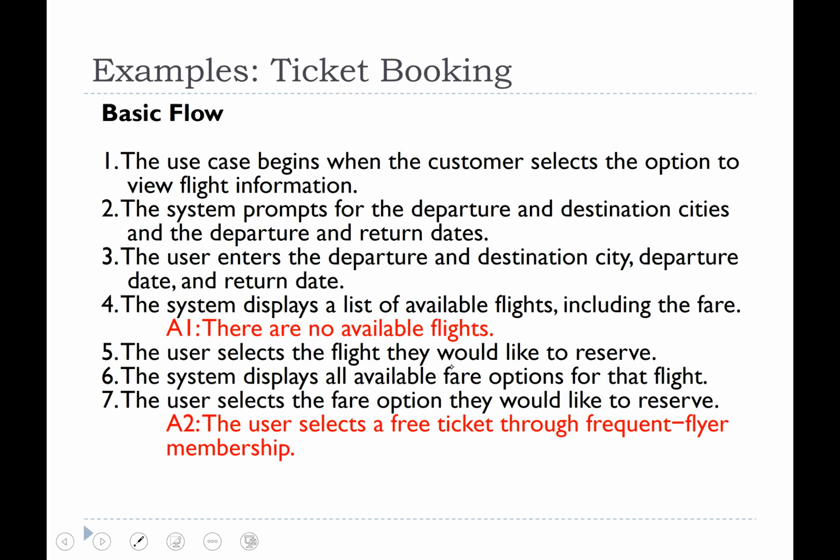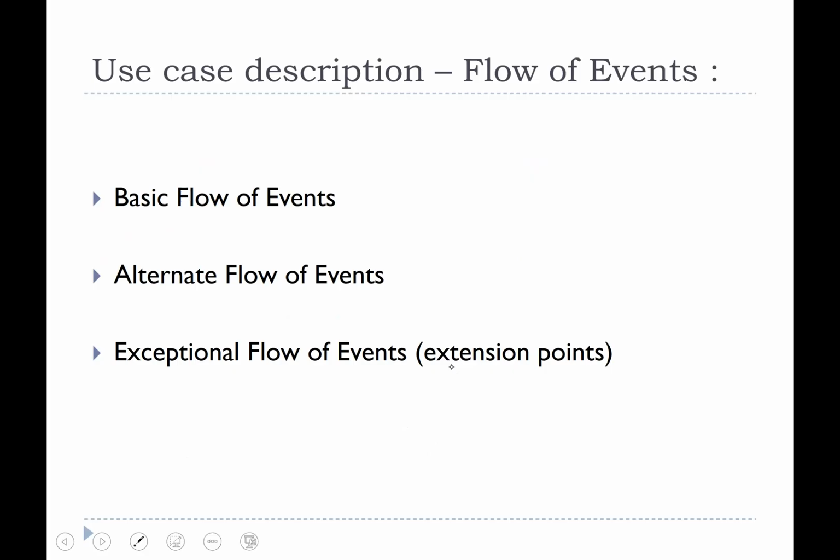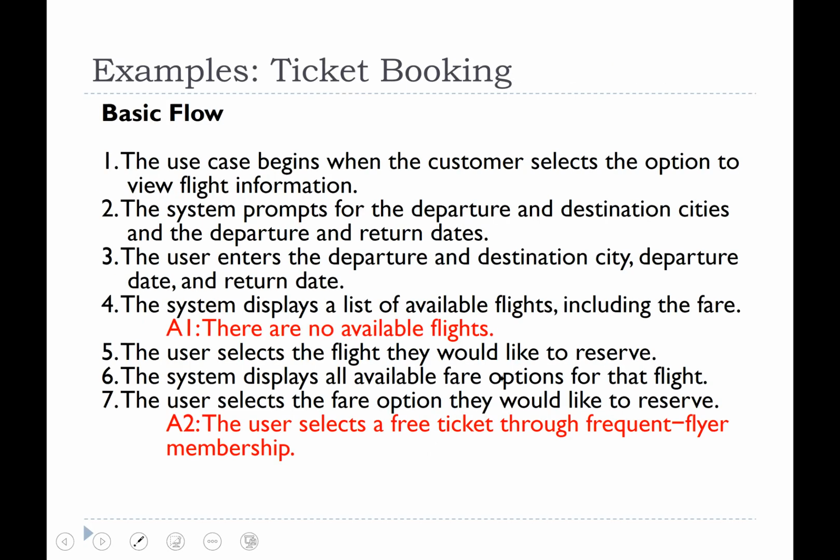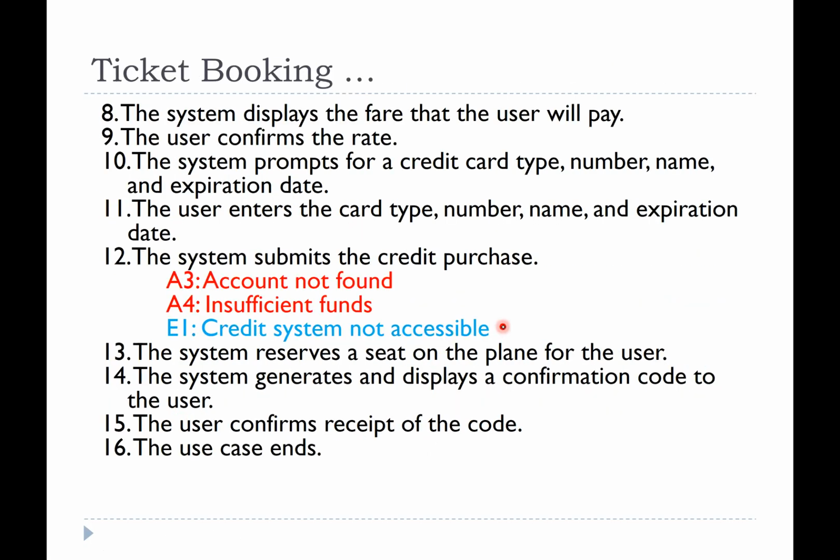All right. Another thing that we show in the description is the places where I'm going to have my extension points. Okay, remember the extension points are the places where the extension use case is going to come in with its extension behavior and start to add it to me. So I say over here, I'm going to have my extension point for when the credit card system is not accessible for some reason.